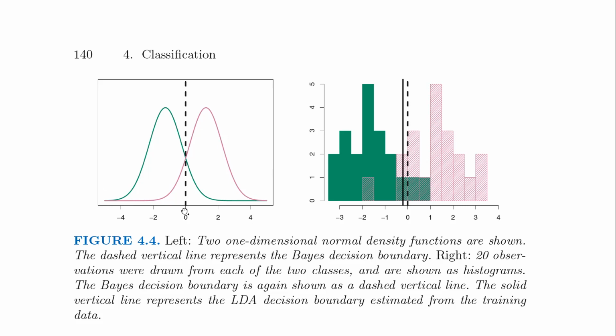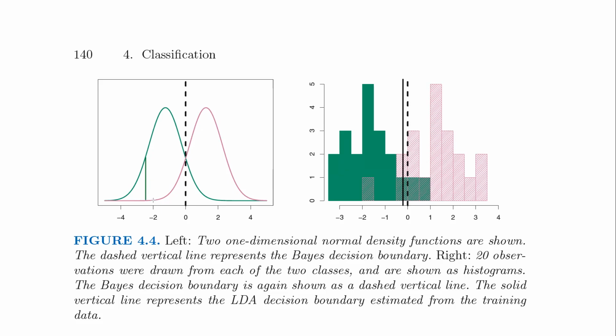So the probability depends on in which class you find yourself in. So the probability of X given a class Y. So our probabilities are measured in terms of area.